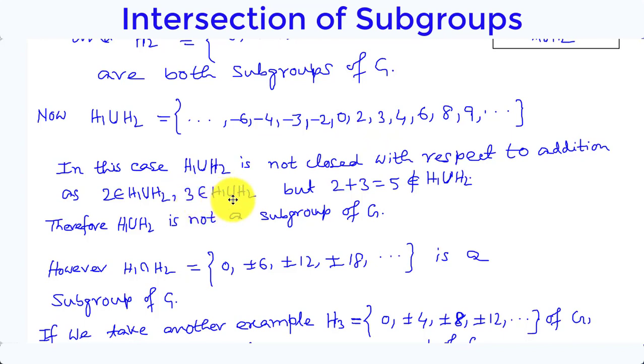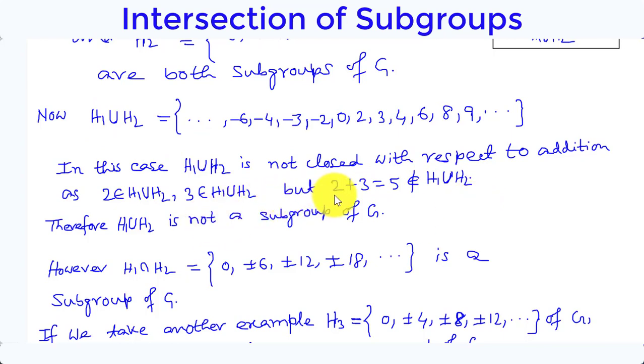Also 3 belongs to H1 union H2. But their summation 2 plus 3, which is equal to 5, does not belong to H1 union H2, since 5 is absent in H1 union H2.